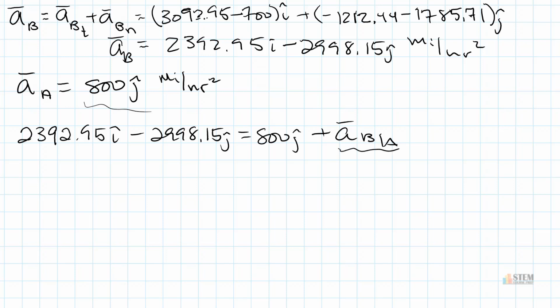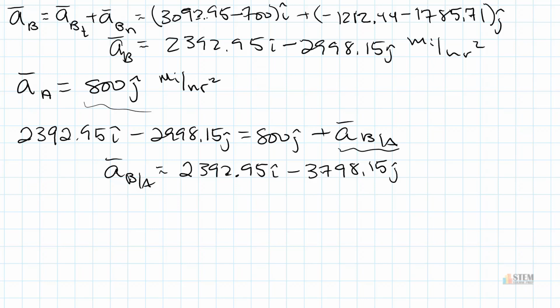And now we just solve for that relative term. Okay, so we're going to group up the like terms, and that's going to give us 2392.95i, and then minus 3798.15j. All right, that's miles per hour squared.